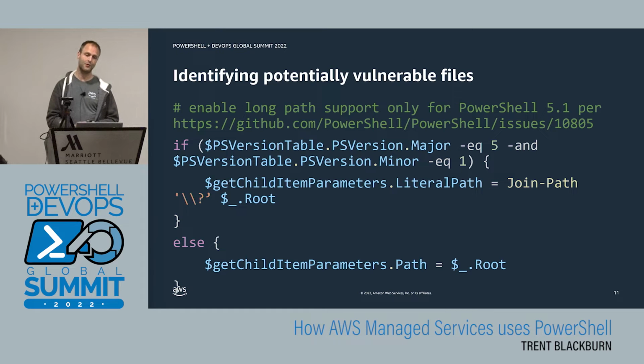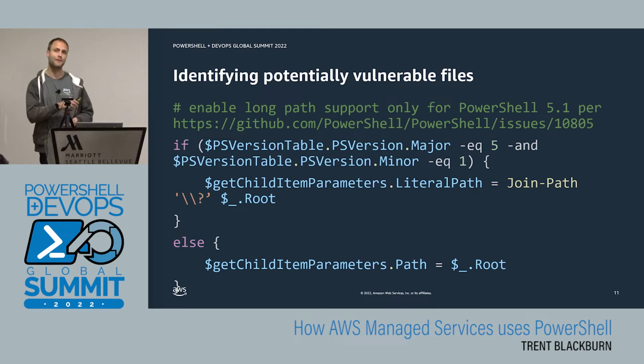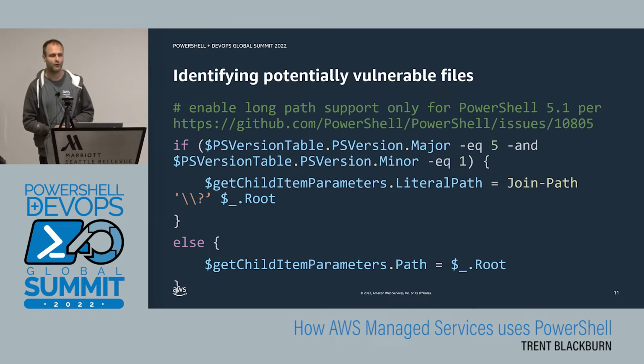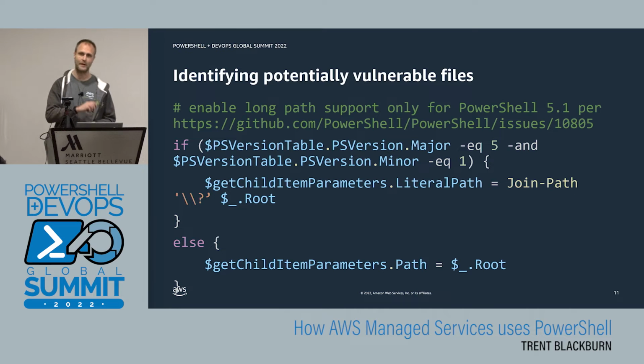If the PowerShell version is 5.1, then it will prepend a \\?\ to the path. What that does is enable long path support. Any path longer than, I think, 256 characters in Windows will automatically error out unless you use this particular format. So that's just a little gotcha.